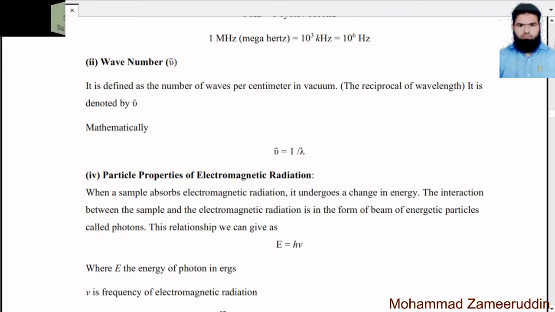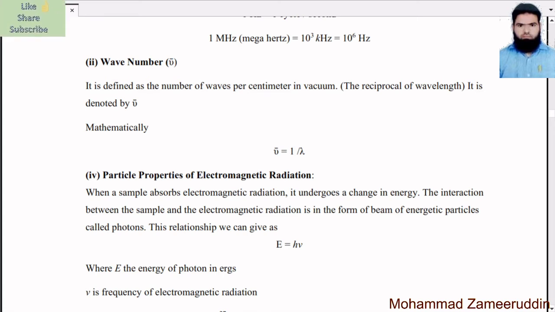In both ways the energy changes, either decreasing or increasing, and we can assume that this energy is transmitted from radiation to matter in the form of small packets of energy, called photons.